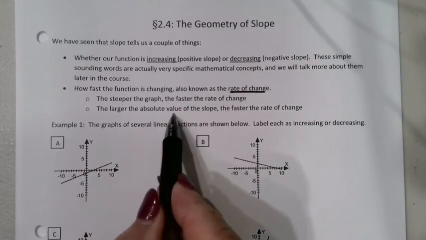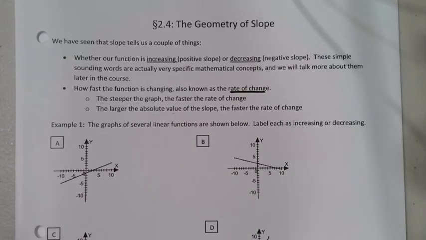The reason that I said absolute value here is when I'm thinking about how fast something changes, it can change very fast in the positive direction, or it could change very fast in the negative direction. So I don't want to think about positive, negative. I just want to think about how big that slope is to determine how fast it's changing.